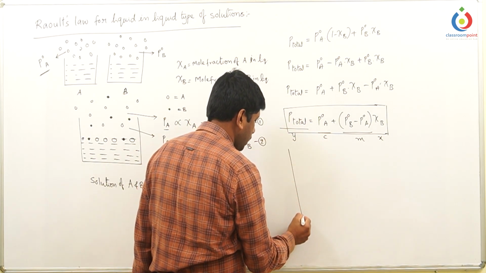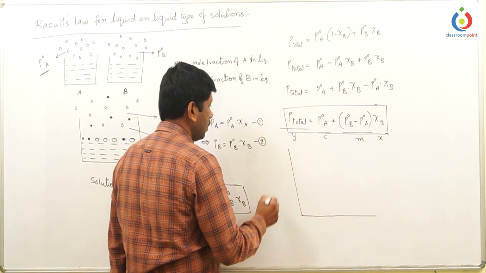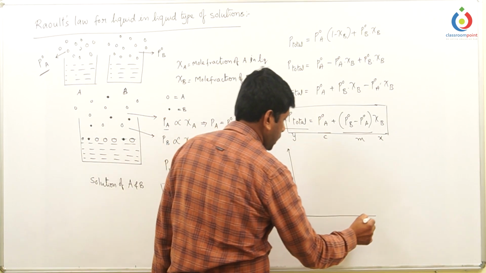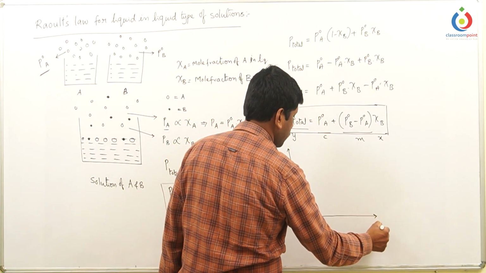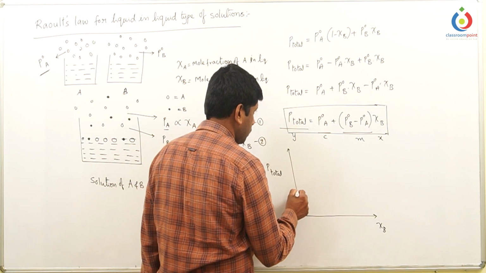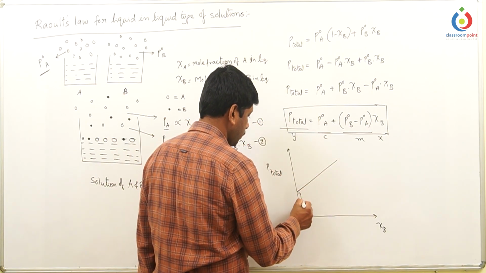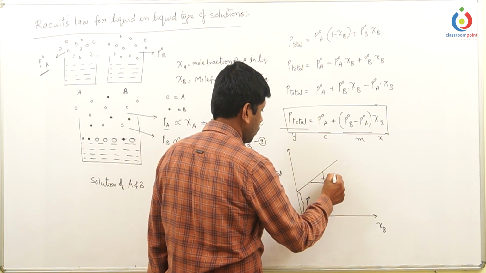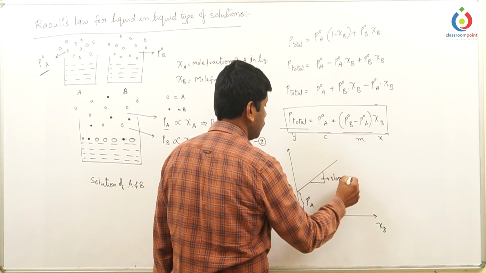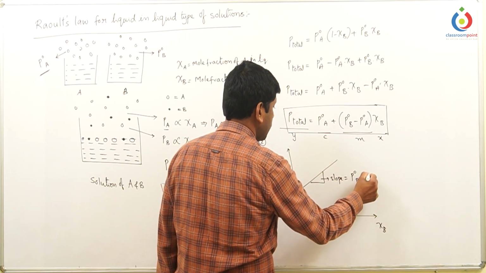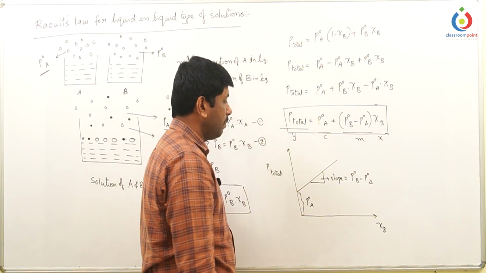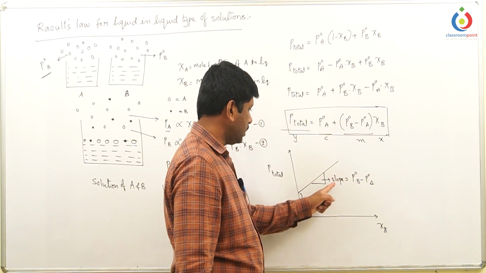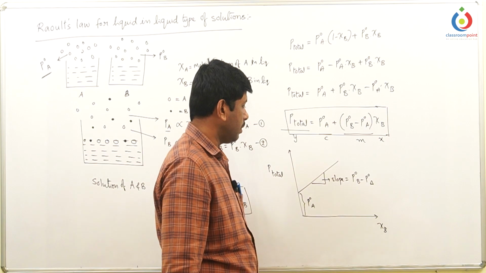Whenever a graph is drawn like this, on the y-axis if you take the total vapor pressure, and on the x-axis the mole fraction of B, then the graph comes with a positive slope, where the intercept value is equal to P naught A, and the slope is equal to P naught B minus P naught A. So if the slope value is given, we can calculate P naught B, because the slope is available as well as the intercept value P naught A.